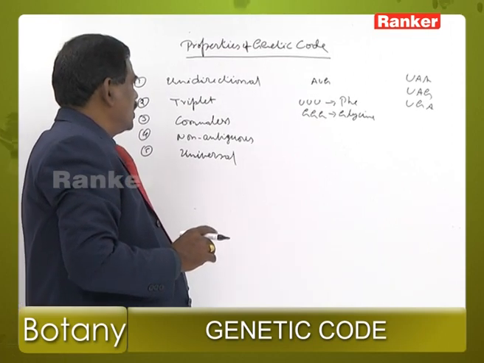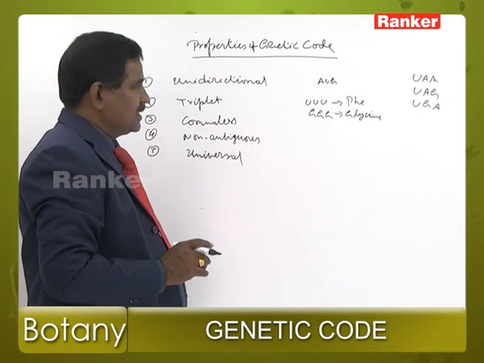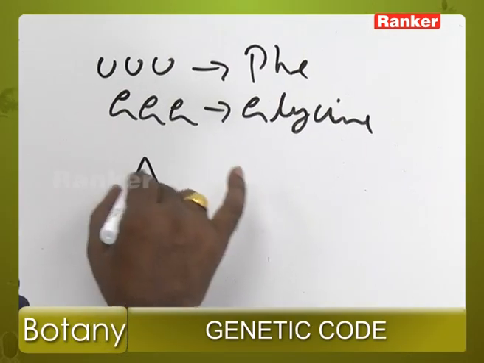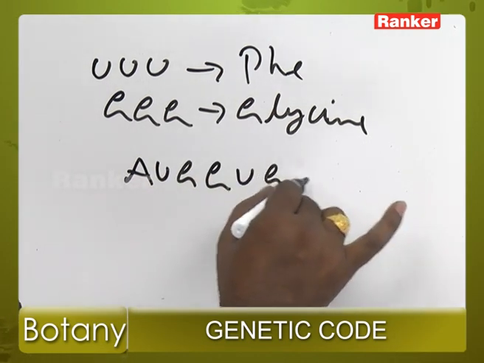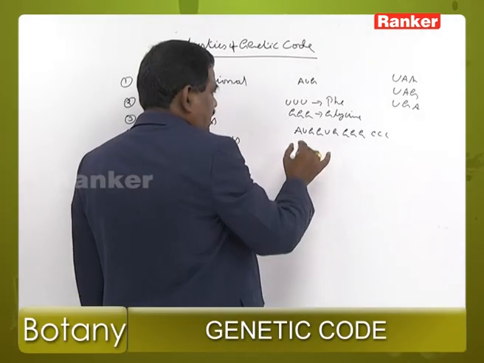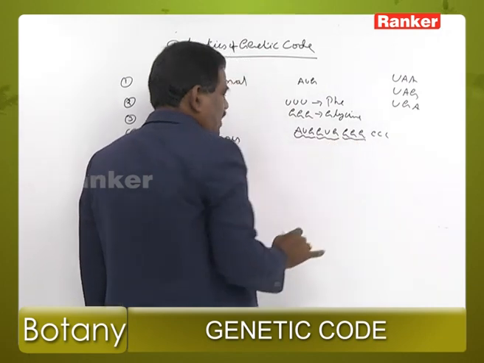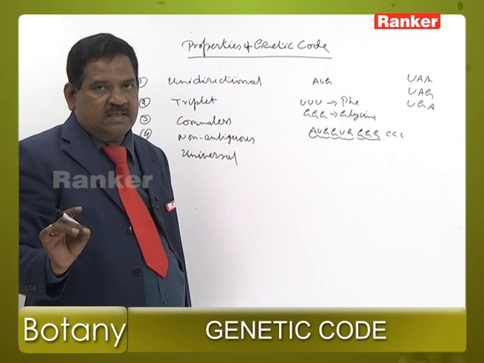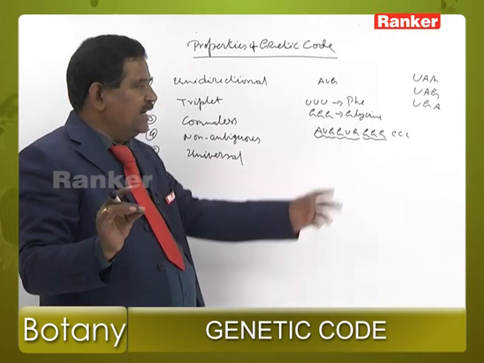Next, the code is commaless. Suppose on the mRNA this sequence is present: AUG, GUG, GGG, CCC. In between any 2 codons there are no punctuations, no stop signals. No letter is wasted in between any codon.